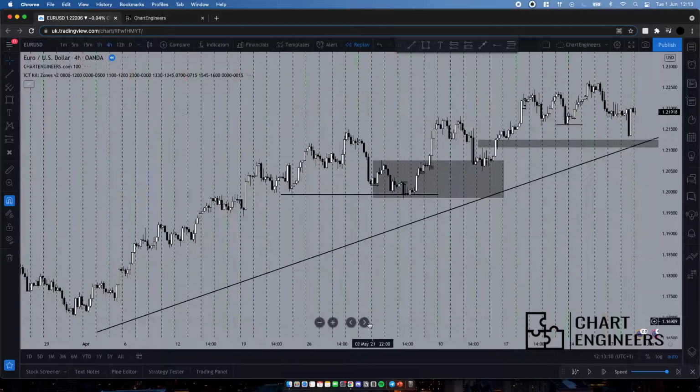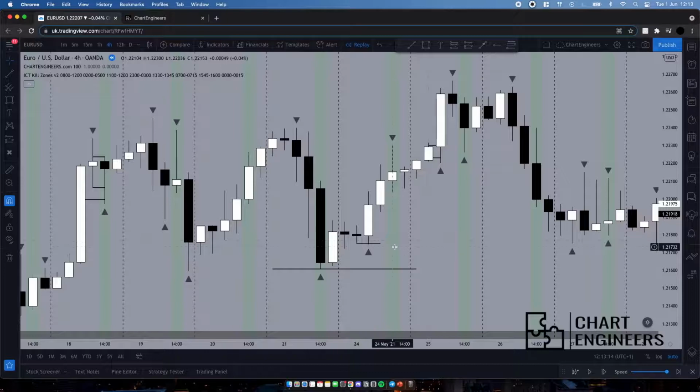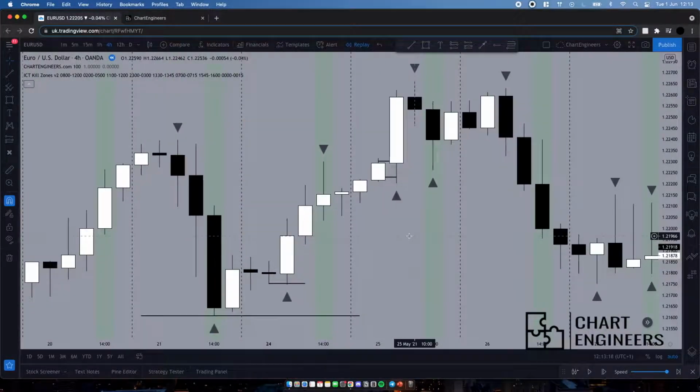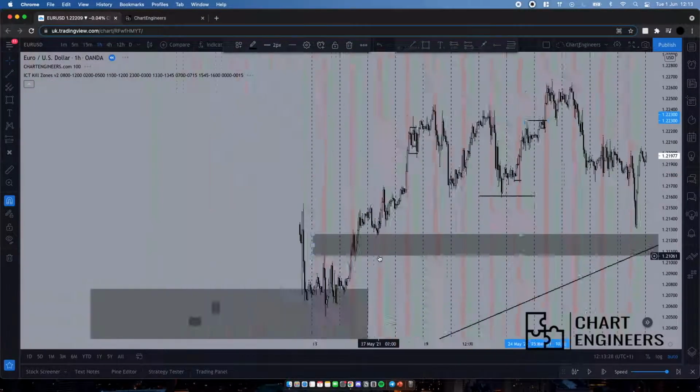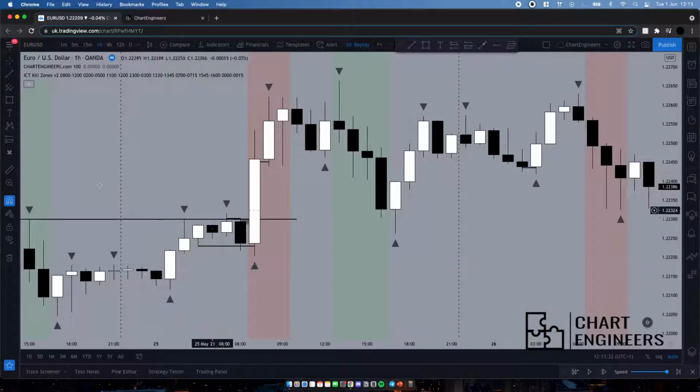Then on the Tuesday before London Open, just go back on charts on the H4, and yeah, this was a bit of a weird one. We had a H4 raid over here. So because we had that H4 raid before London Open, it was essentially bearish.